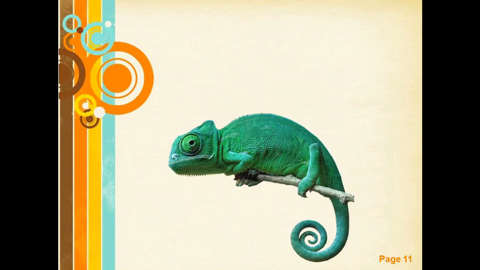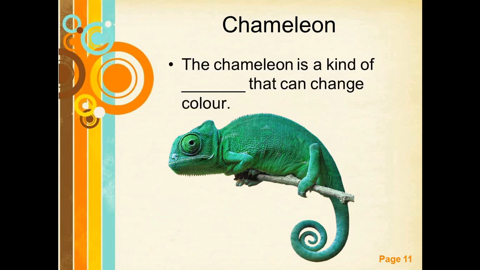This animal is called a chameleon. Chameleon. Look at the word and how it is spelled. It begins with a CH, which you might think is pronounced ch, but it's actually pronounced k. Chameleon. Now, maybe some of you did not know the English word for this, and you thought of another word.